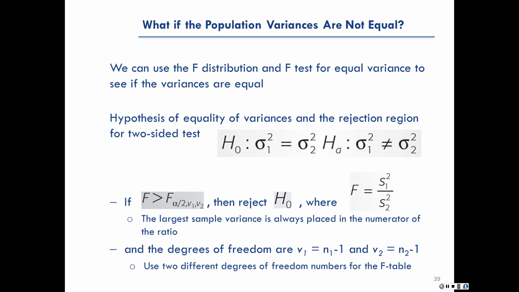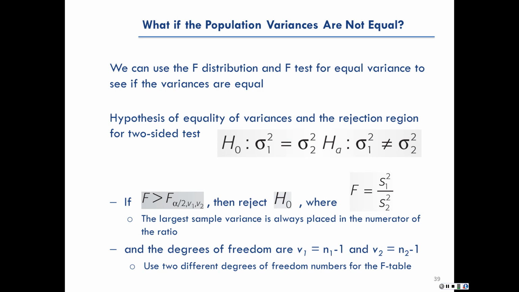There are two different degrees of freedom that you actually use in the book. I refer to them as V1 and V2. In this case, V1 and V2, you triangulate them on the table, are just n1 minus 1, the sample size in group 1 minus 1, and then n2 minus 1, the sample size in group 2 minus 1. So you use those two different degrees of freedom numbers for the F table.